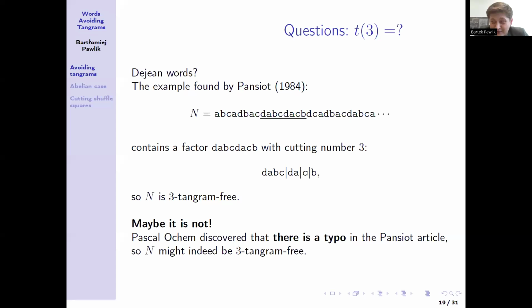Pascal Ochem sent me an article he wrote with Théo Pierron, in which the authors prove that T3 equals 4 and that T4 equals 4 as well. As Pascal announced, the paper will soon be on arXiv, so you can soon look it through. And the question about this value of T3 has just become outdated.